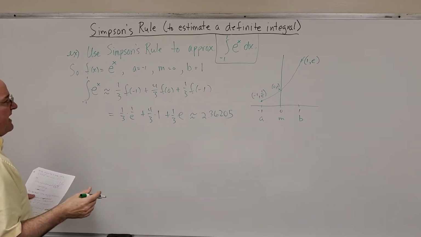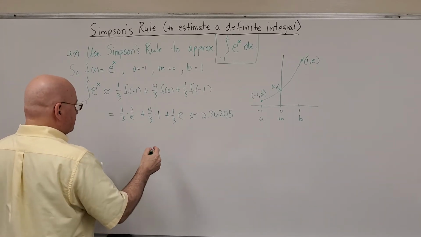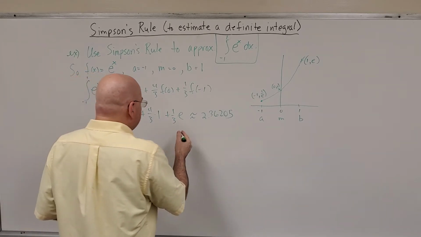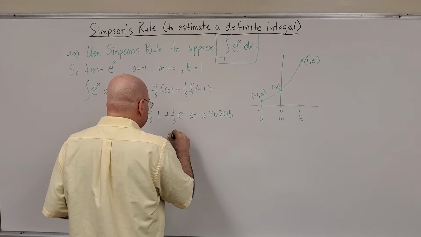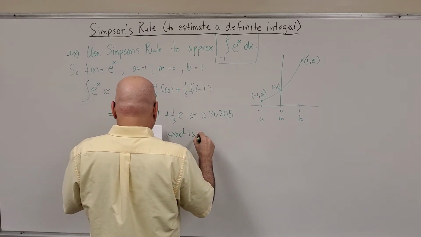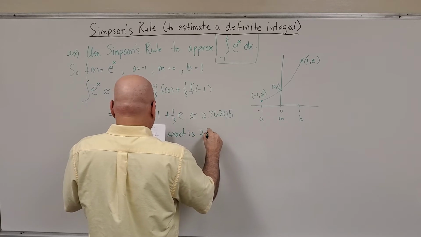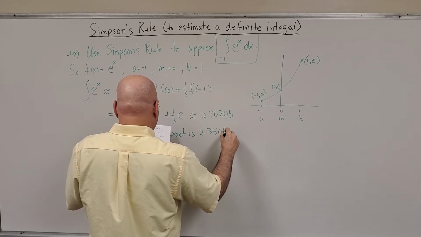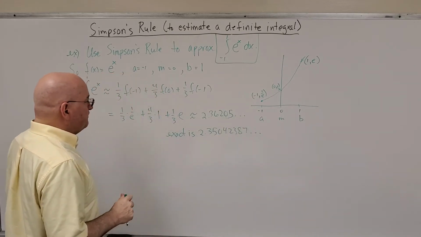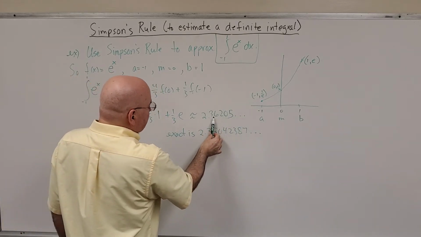Note that the exact integral, I'll just write it underneath here rather than working it out. I actually integrated it. The exact value of the integral is 2.350423 and so on. So it's accurate out to the hundredth.